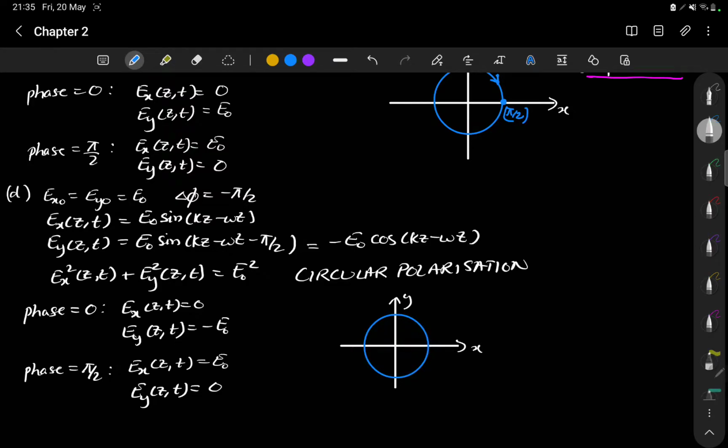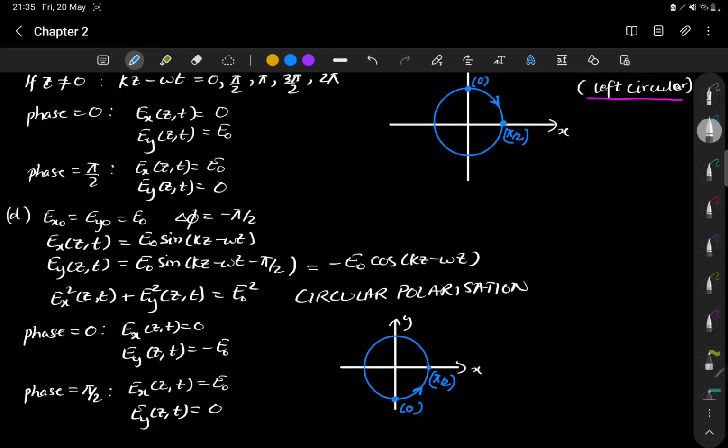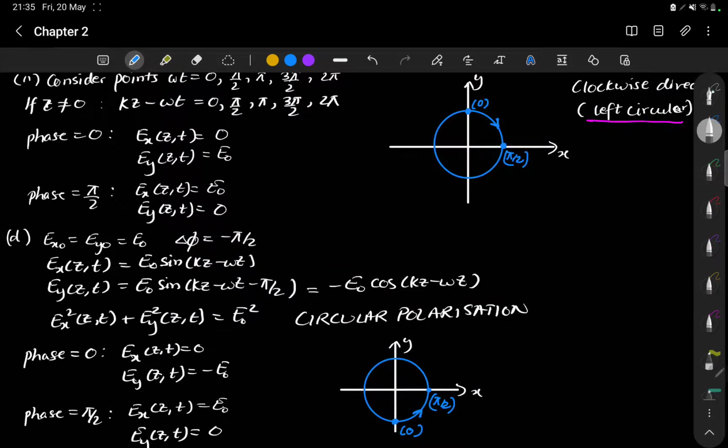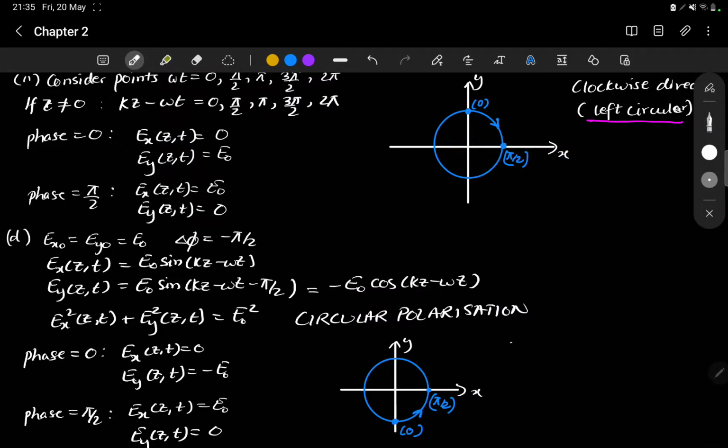So for phase equal to 0, we start from this point. This is for phase equal to 0. Then for phase equal to pi by 2, we come to this point. This is phase pi by 2. So that means we are going in this direction. This is counterclockwise direction. And this is called right circular.